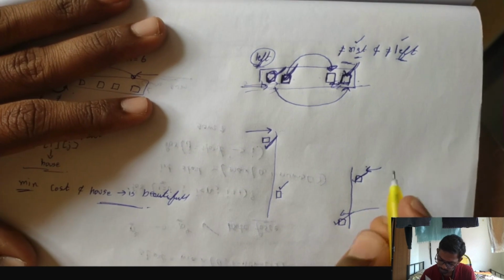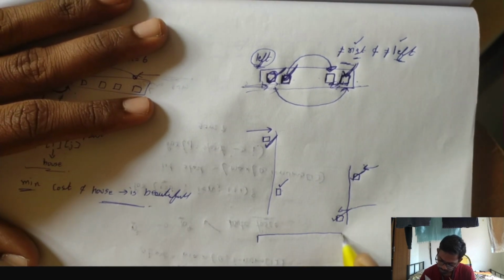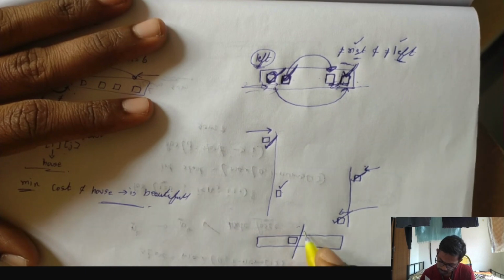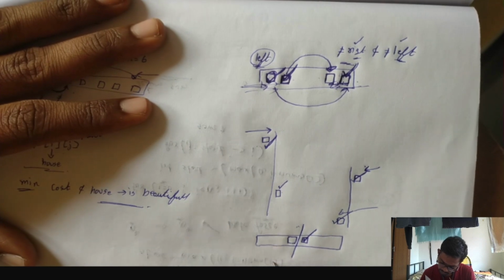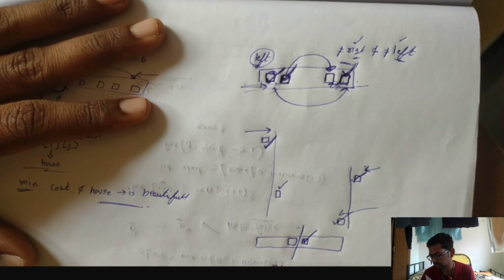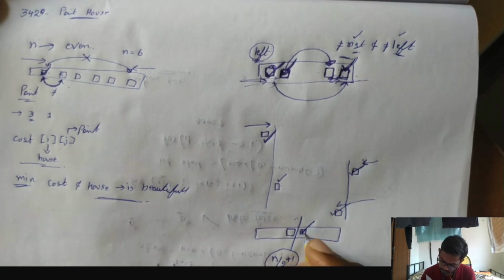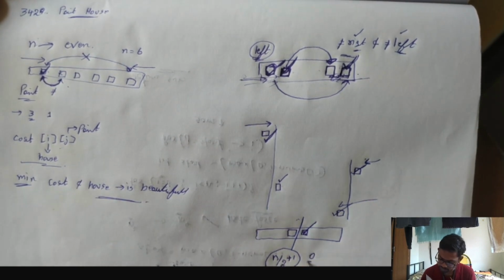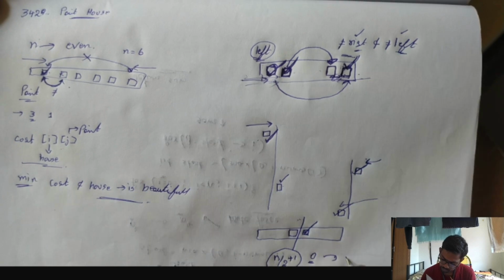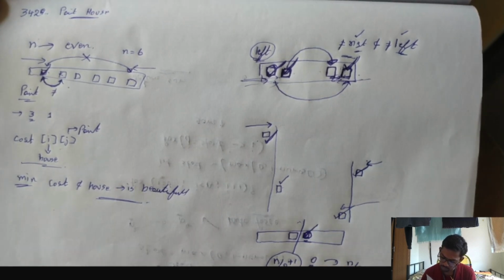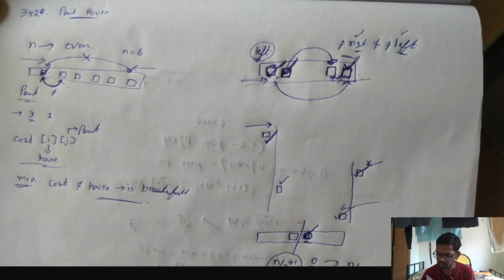In this way, when would our algorithm stop? After painting up to the very middle, we finally paint the house at n by 2. Since we are using 0 indexing, the position of this house would be n by 2. So this would be our base case.